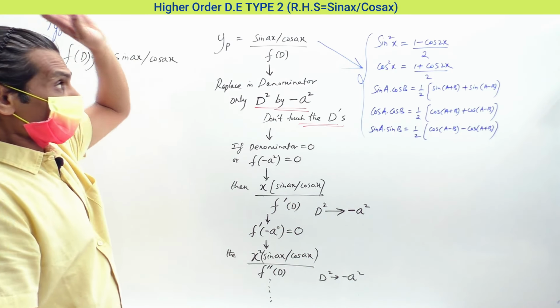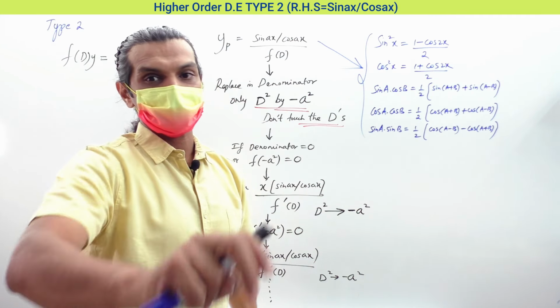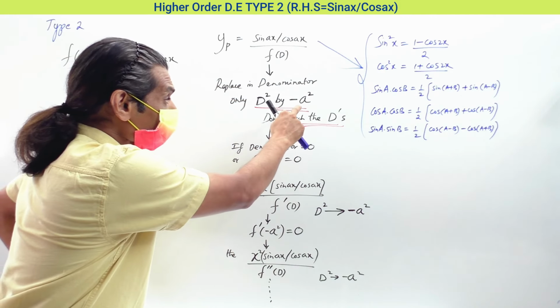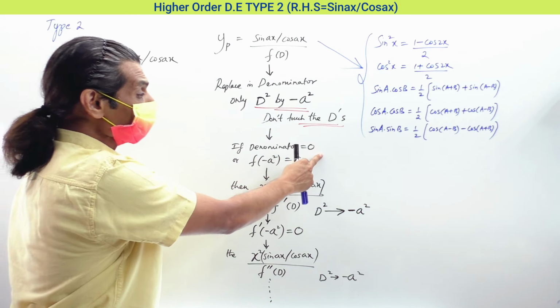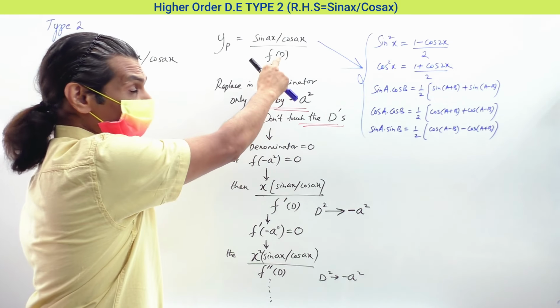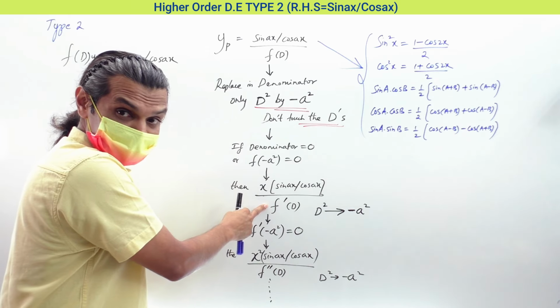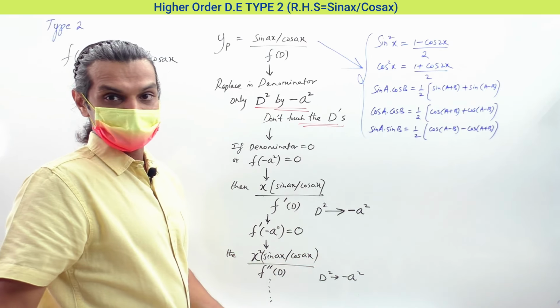Now, when the right side is sine or cos, trigonometric, or any of these forms, that is type number 2. So, what is the process in type number 2? We only replace D square by minus a square. We don't touch the D's. After replacing, if the denominator becomes 0, then multiply the numerator by x and differentiate the denominator, f dash. Again the same cycle repeats. Again replace D square by minus a square.